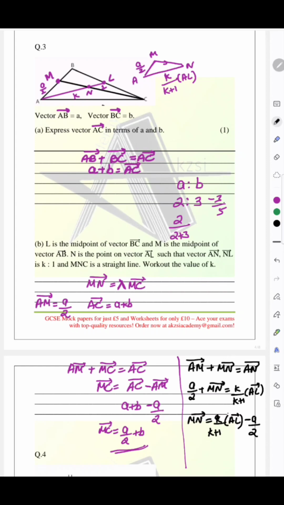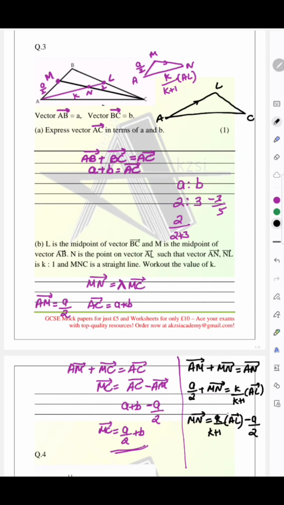And what's AL? For AL, we have to use this whole triangle. Let me draw this one separately to make you understand. This triangle I have drawn separately, A, L, C. AL we have to calculate.